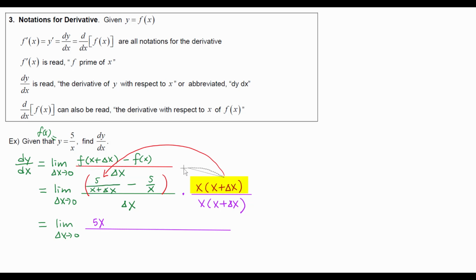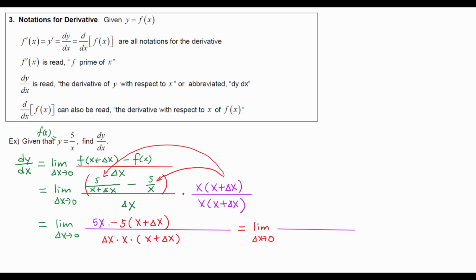Now, when you distribute this LCD to the second fraction, the factor x and x will cancel, and you will have minus 5 times x plus delta x. And in the denominator, I have delta x times quantity x plus delta x. So that will all be in the product. Now, the limit as delta x approaches 0.